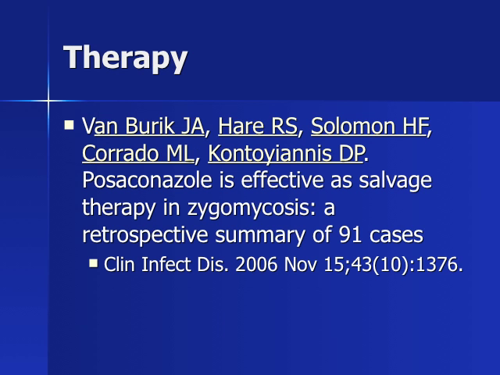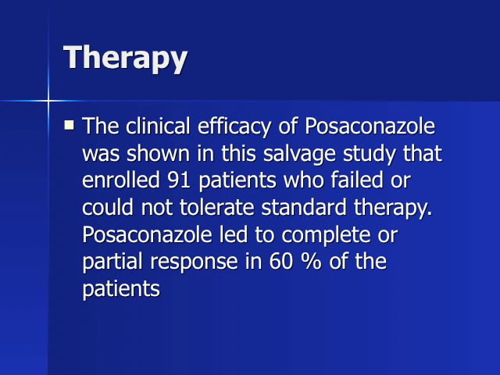So there are some papers out there on combination therapy for zygomyces. Oh no, I'm sorry, this is not combination therapy, but this is the paper about posaconazole being used for zygomyces. We already discussed this.